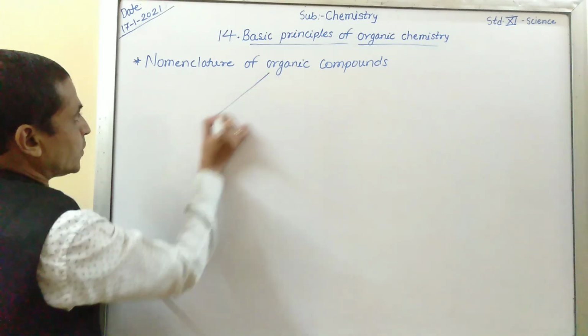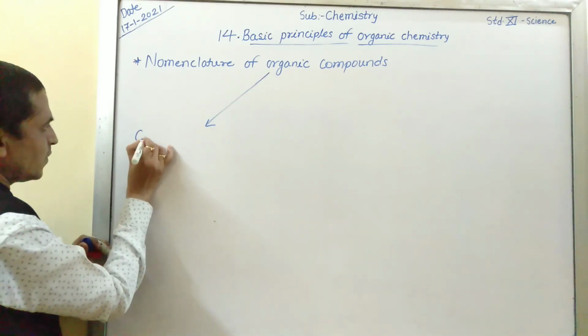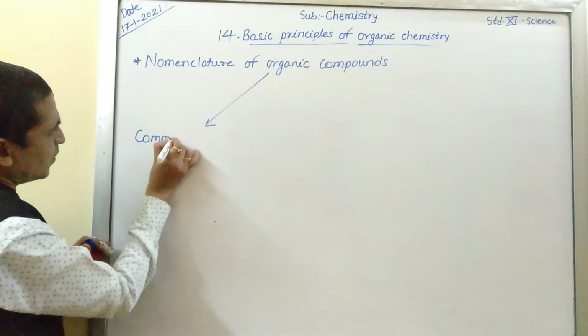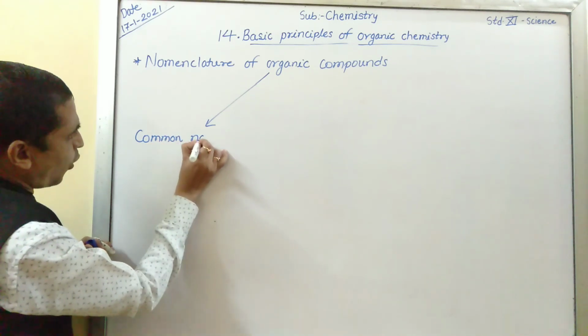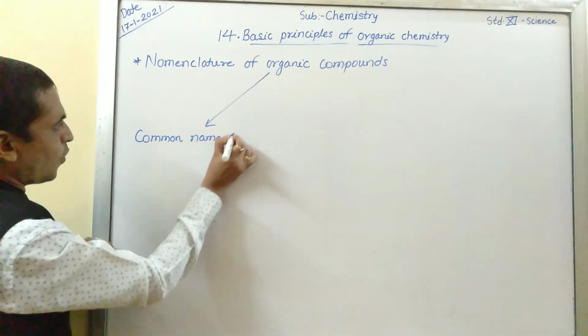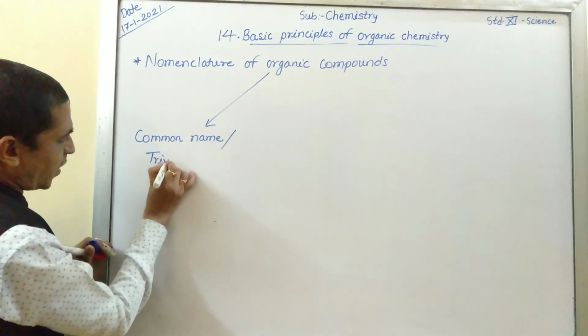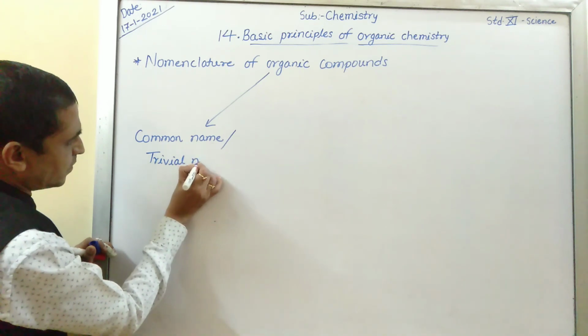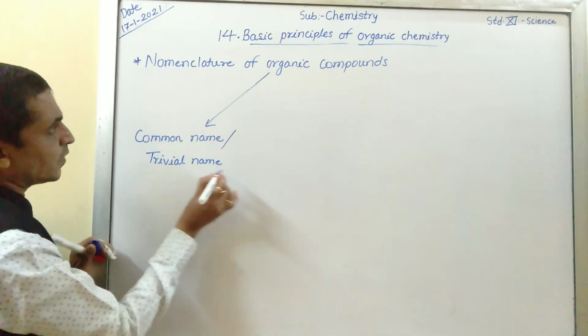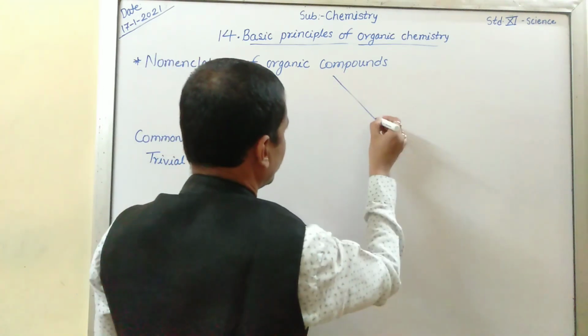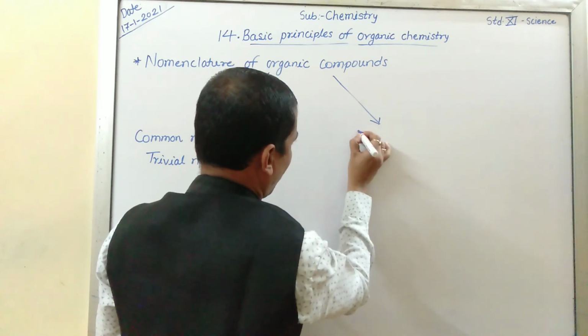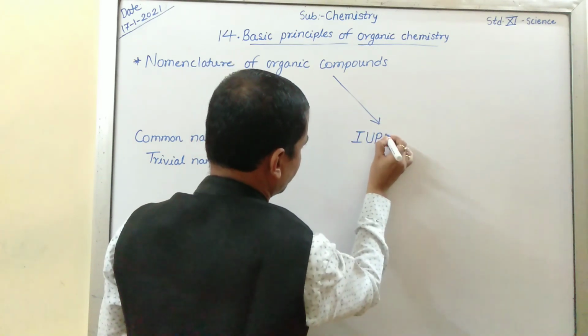Now there are two methods. First method is common name or trivial name, and the second one is IUPAC name.